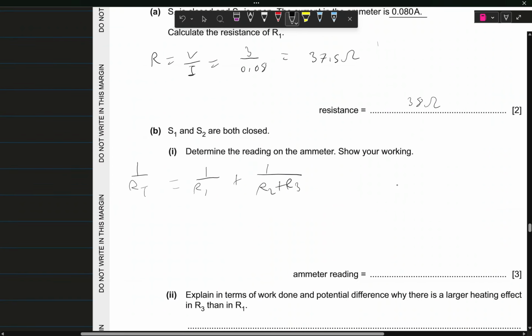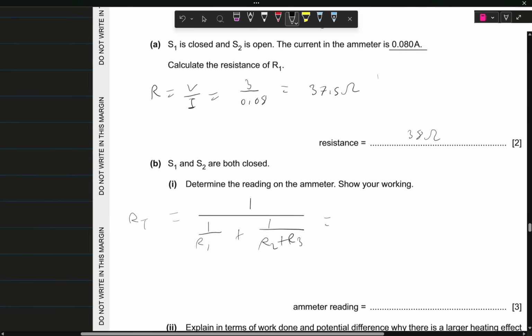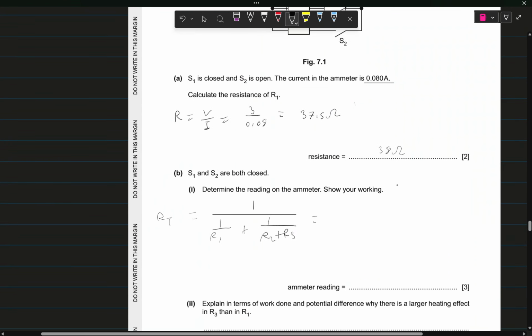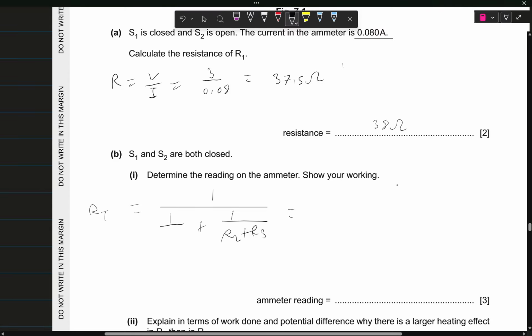And since we don't really want 1 over RT, we want RT, we can make this whole thing a reciprocal, like so. That'll be quicker. So if we plug in the values, it will be something like this, 37.5 plus 37.5 plus 37.5.